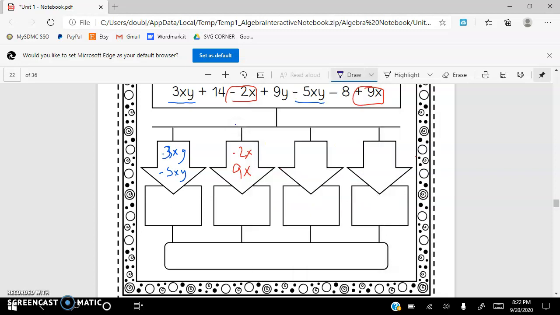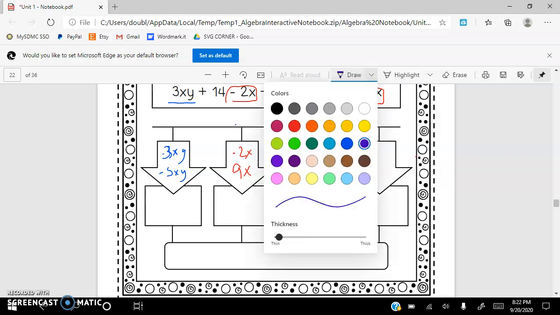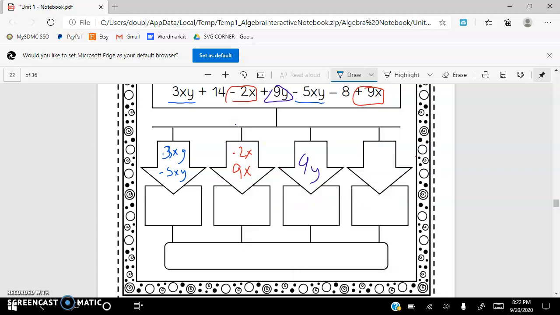Now we have 9y. There's no more y, so there's nothing we can combine with it. And last, we have some constants. And remember, constants are numbers without variables. So our constants, we have positive 14 and a negative 8.